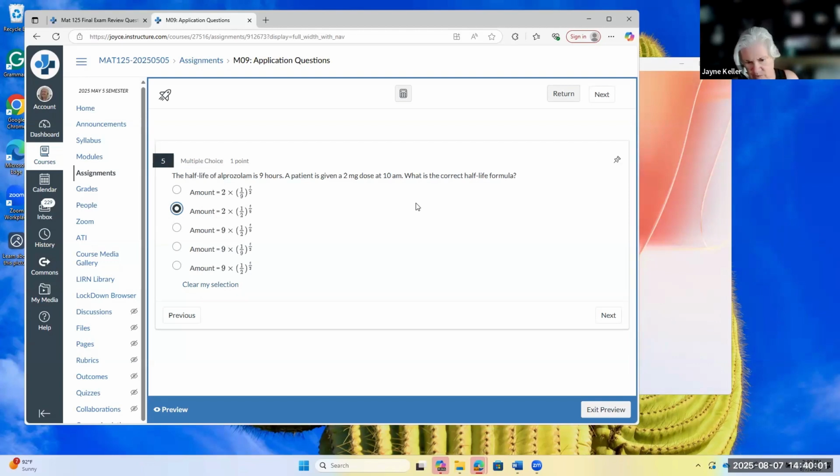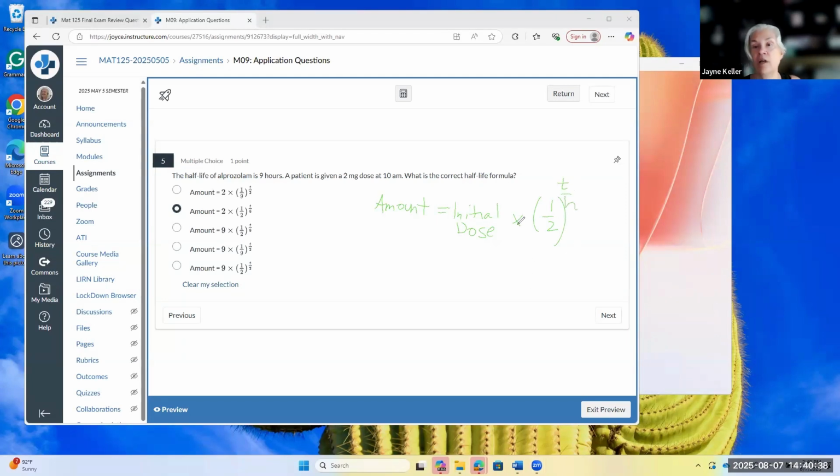And let me write that one down so that we can use it for the next question. The amount in someone's bloodstream is equal to the initial dose times 1/2 to the T hours divided by the number of hours in the half-life.